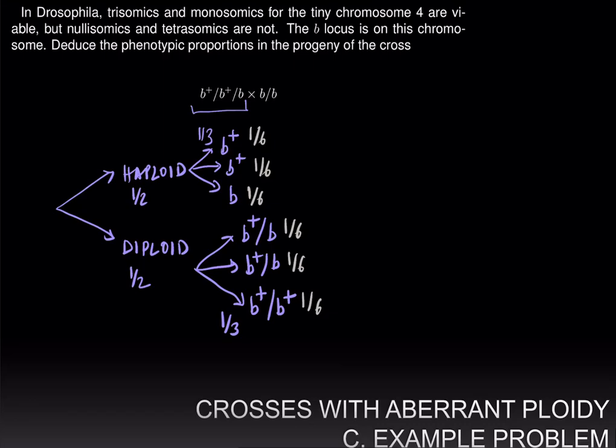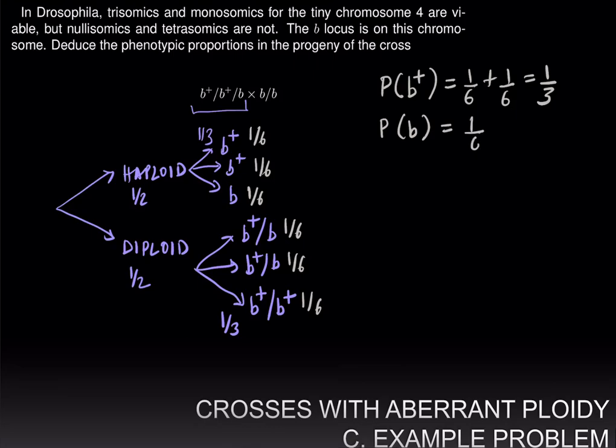And we can now use the sum rule to say the probability of a haploid B plus gamete is 1/6 plus 1/6, which is 1/3. The probability of a haploid B gamete is 1/6.